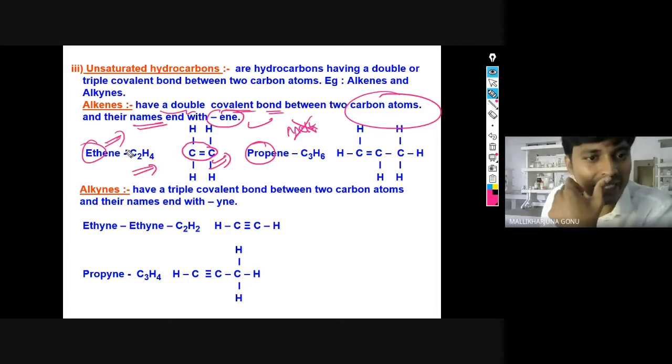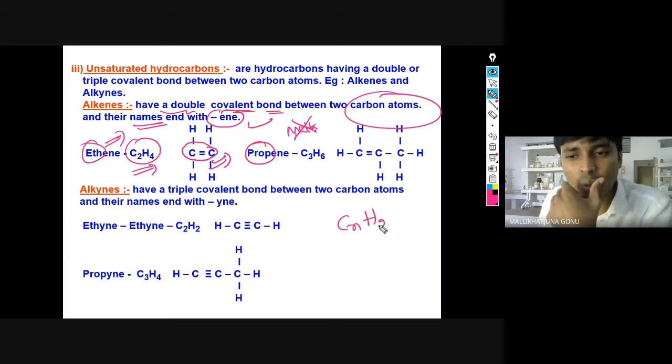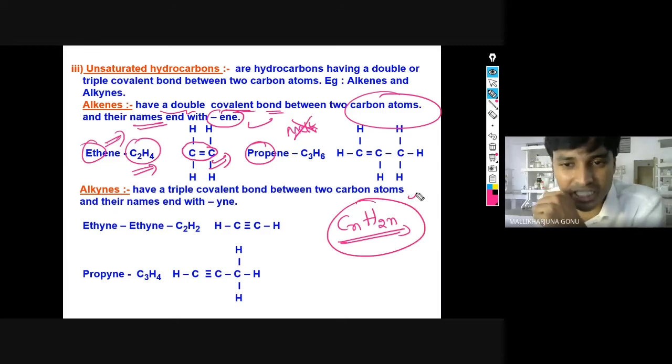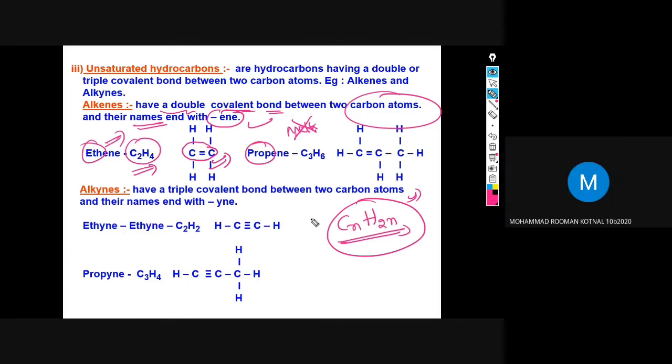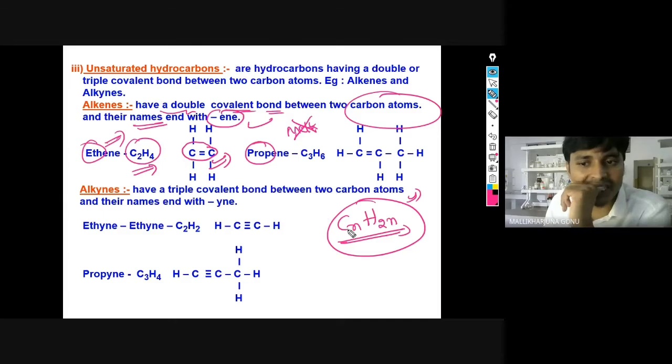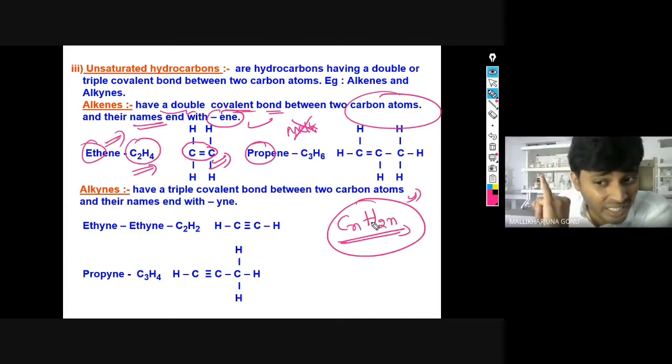So how you have to write? You have to match the formula of CnH2n. Whether that is matching with that formula, you find out in the examination if they give. If it is matching with that formula, then you can consider, okay, this is the alkene. That means one double bond is there. Alkane is CnH2n plus 2.